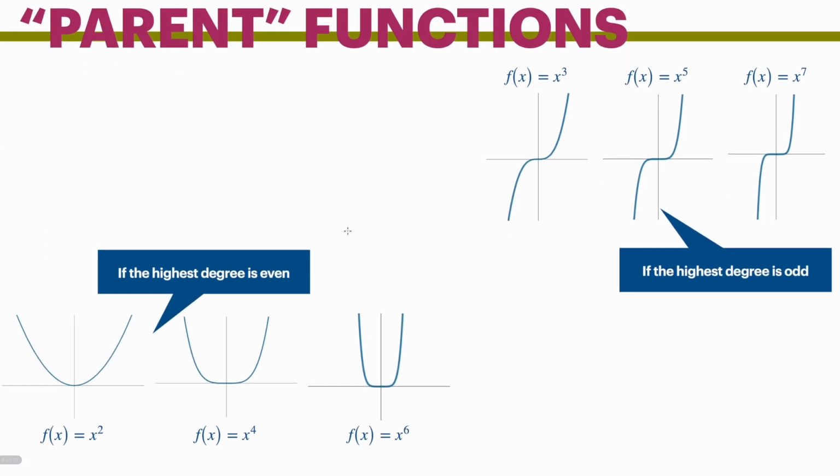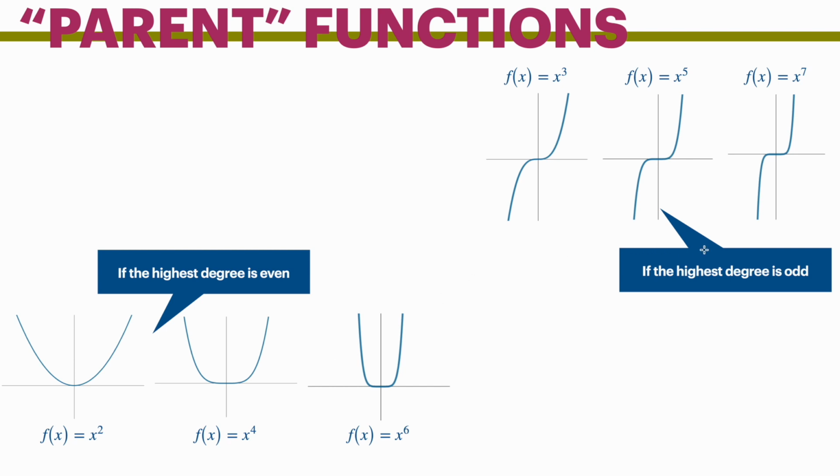So first, to discuss parent functions, these are where polynomial functions are coming from, what the original graph looks like. If the highest degree, the highest exponent, is even, it is going to look like one of these bottom functions down here. They are both going to be heading up to infinity, or if the coefficient is negative, down to infinity.